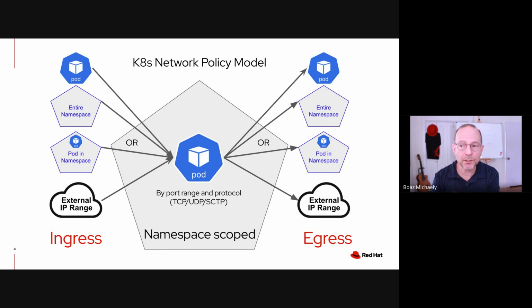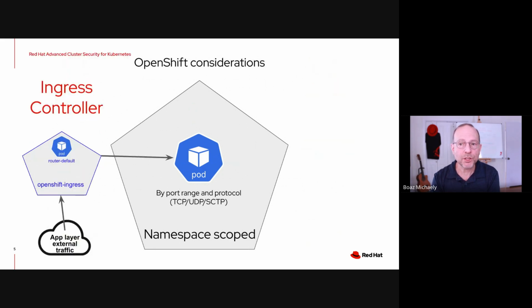The specification is pod-centric. It's all about me as a pod. Who do I want to talk to, and who do I allow to talk to me? When you're thinking about this in OpenShift space, you also have to consider the default behavior of OpenShift, which is to implement a router in the OpenShift ingress namespace.